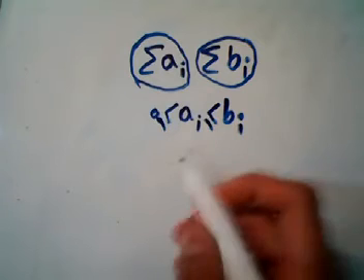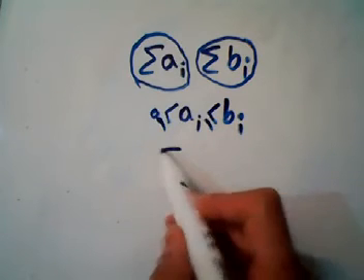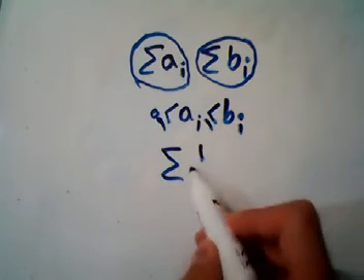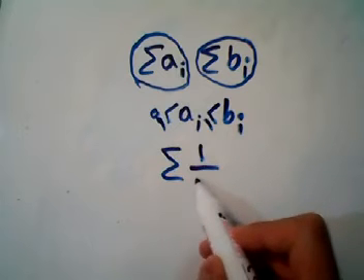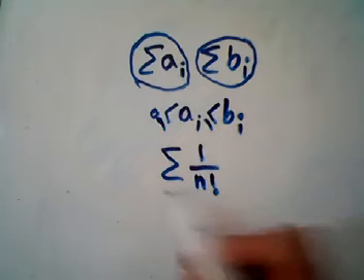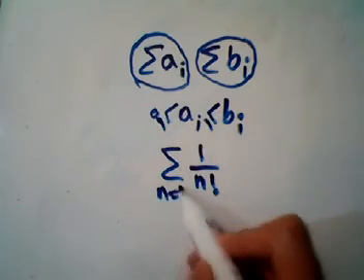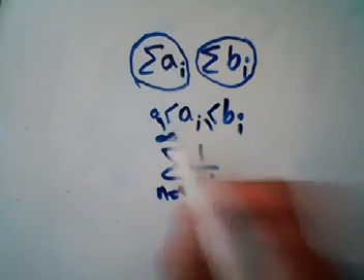For instance, say the sum of 1 over n factorial, n equals 1 to infinity.